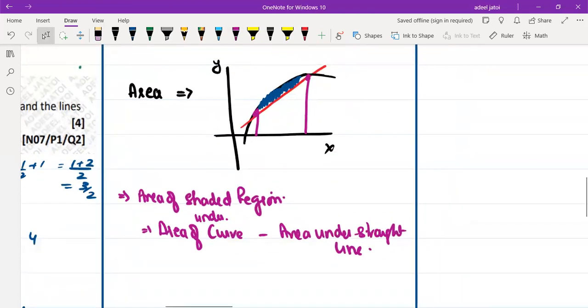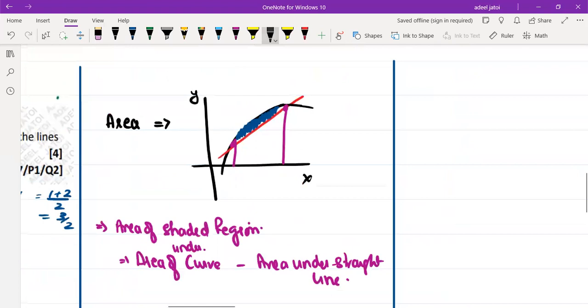So if the straight line equation is, for suppose, 2x plus 3, and the curve equation is x square plus 4, the limits for both will be same.